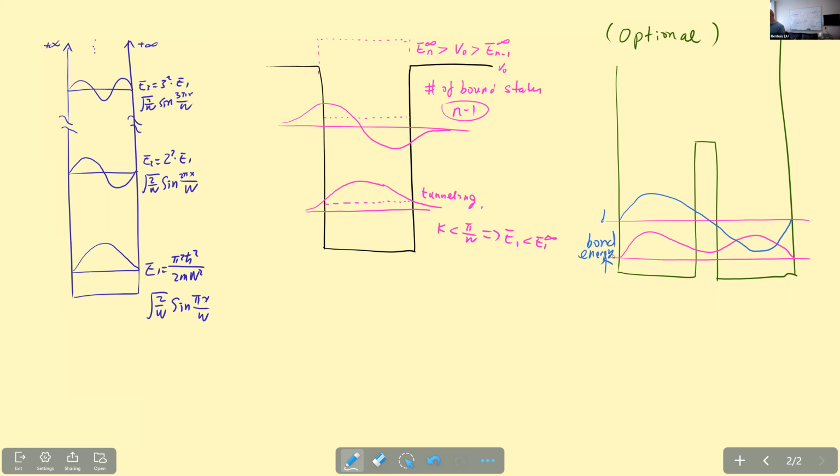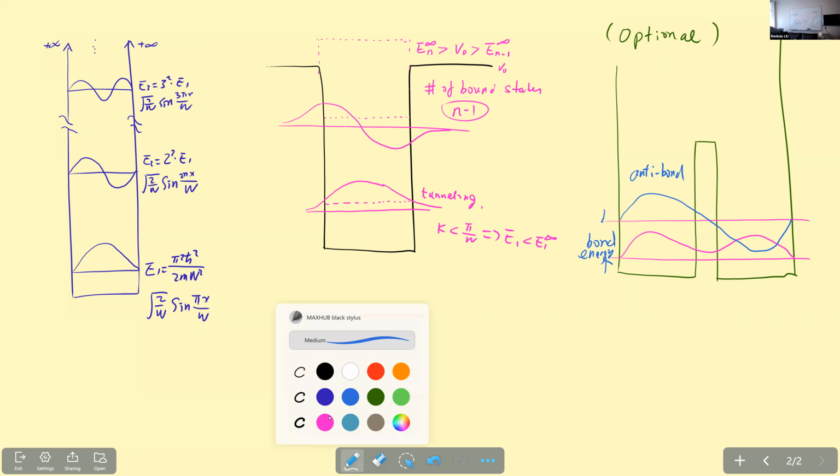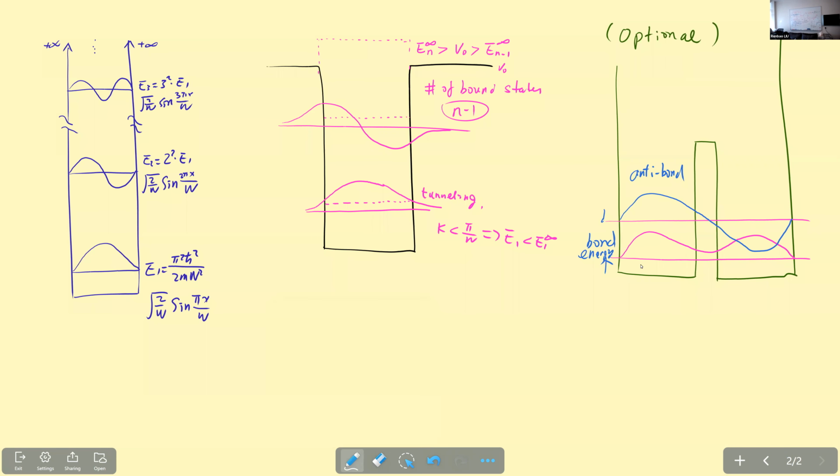And if it's the anti-bonded state, then the electron is more separated. Okay, right. We also learned the concept of quantum tunneling.